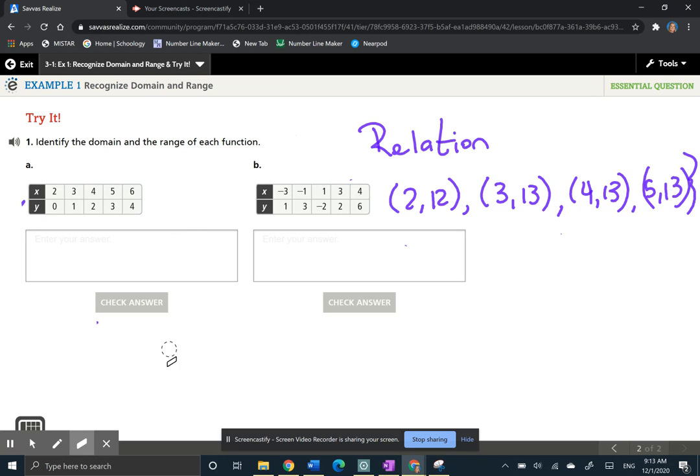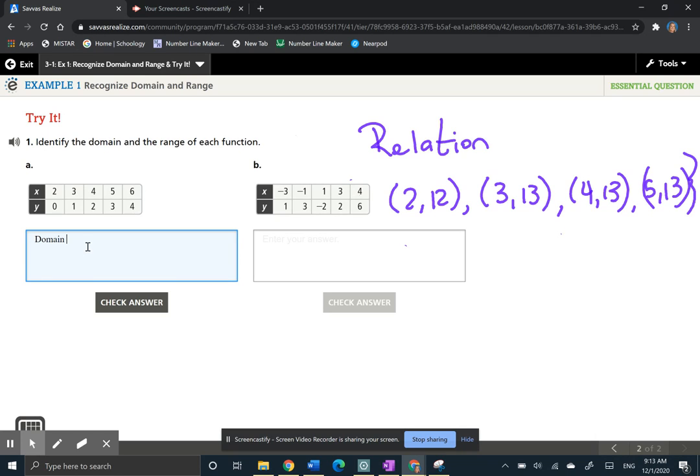All right, so this is the try it. It says identify the domain and the range of each function. In here, put in domain. And you can get the curly brackets, I think.